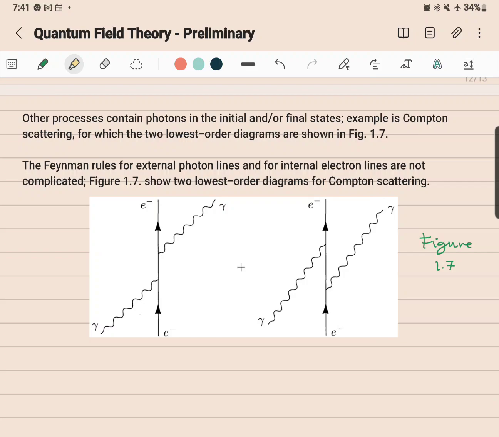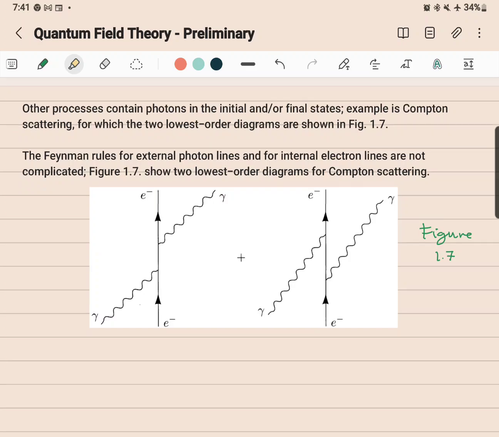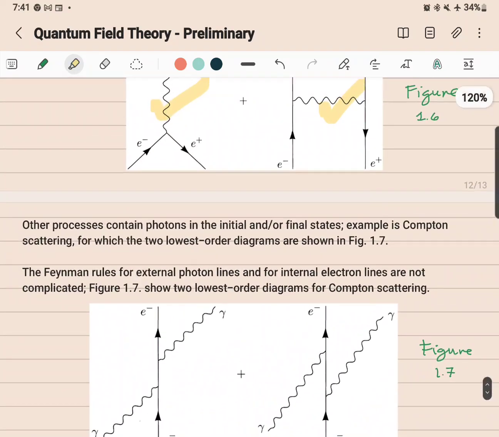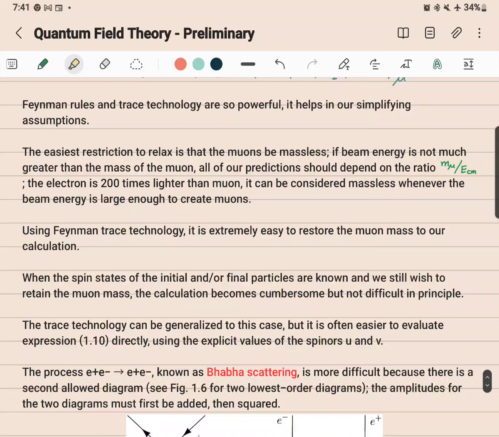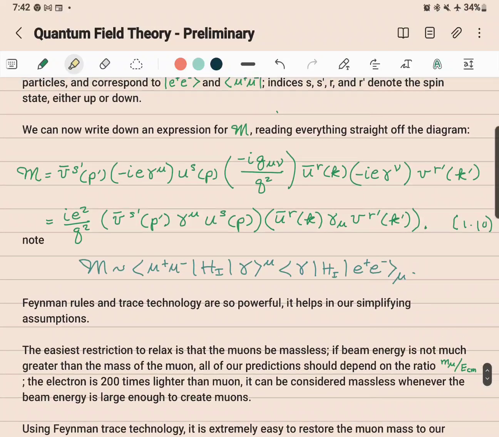Figure 1.7 shows two lowest order diagrams for Compton scattering. If you deal with a particle as the intermediate particle, the one connecting the two vertices, it has a different form. It's not anymore this one.